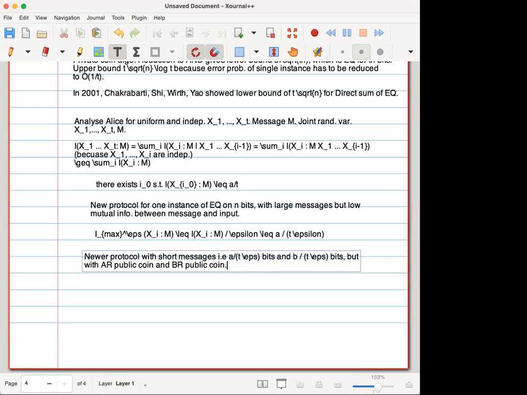So this is a newer protocol. The next step is, I claim that I can shorten the AR public coin to log n bits and the BR public coin to log n bits.